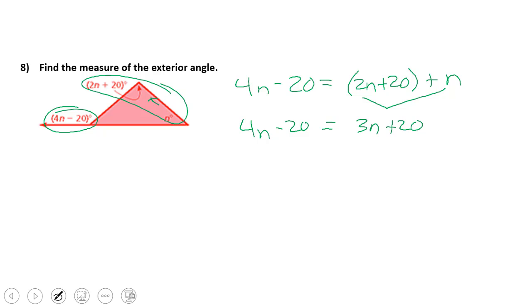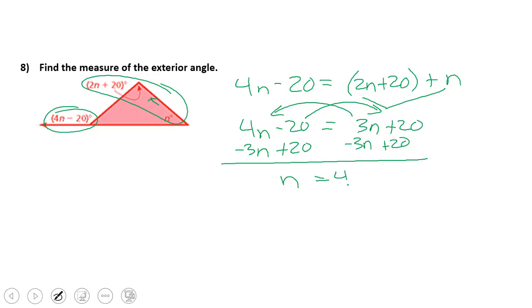No worries. I'm going to combine the n's. They're on opposite sides. I'm going to move the 3n over, so I'm going to subtract 3n. And at the same time, I'm going to move that 20 to the other side, so I'm going to add 20 to both sides. And I'm going to get that n is equal to 40.